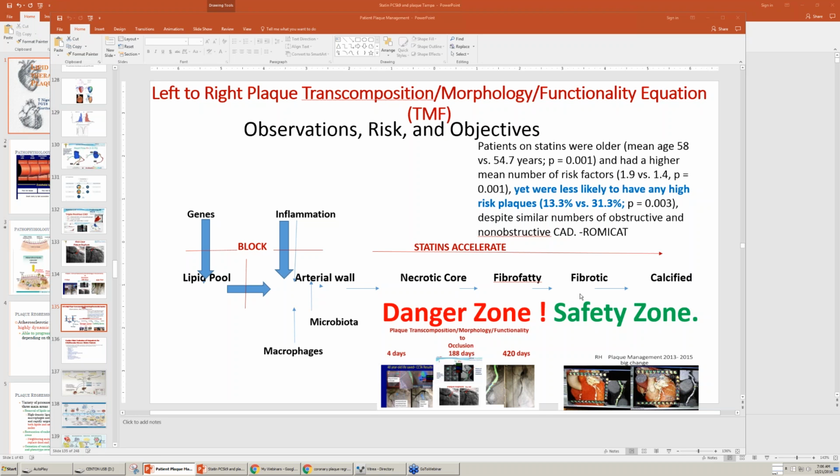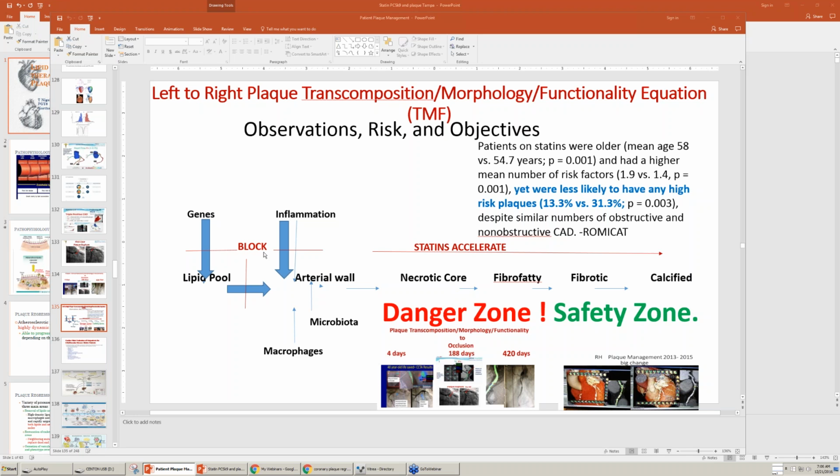But then we go from fibrofatty to fibrotic and calcified, and then this may lead to an atherosclerotic plaque with severe blockage, but we have lots of warning usually with blockages, and when it's a severe obstruction, people develop angina. 25% of heart attacks are due to that. 75% of heart attacks are due to necrotic core lesions that are fibrofatty or fatty.